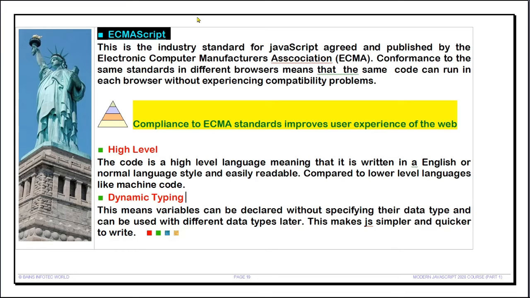So if a browser requested a page and it was a Google browser or a Microsoft browser or an Apple browser, the server would have to detect the type of browser that was requesting the code and HTML pages and JavaScript, and then send a special page just for that browser, which made it very wasteful of resources and time consuming.